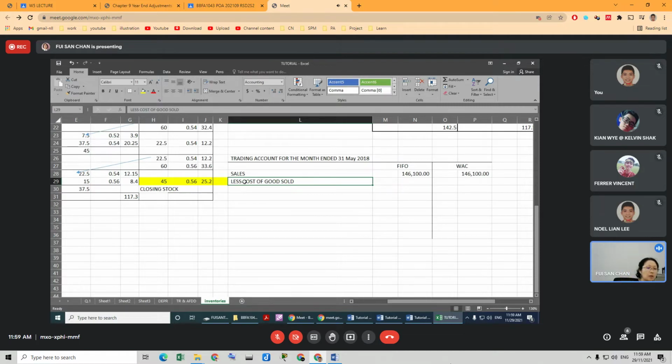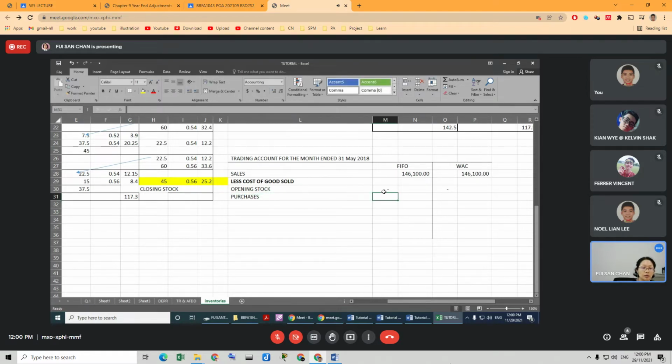Okay, now, do you have any opening stock? If you don't have any opening stock, then just say no, right? If no, then you just put 0. Then followed by purchases. So this is the format.